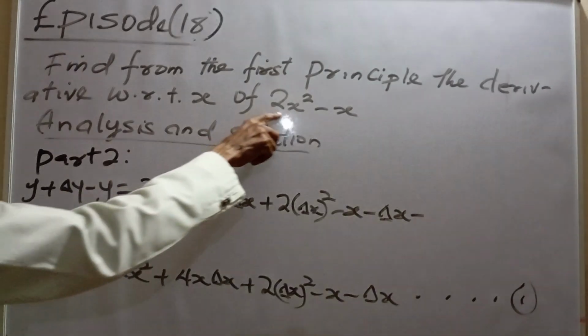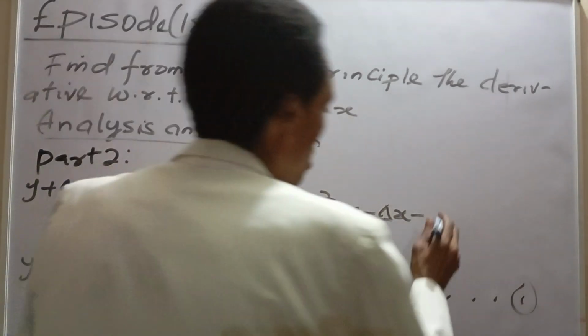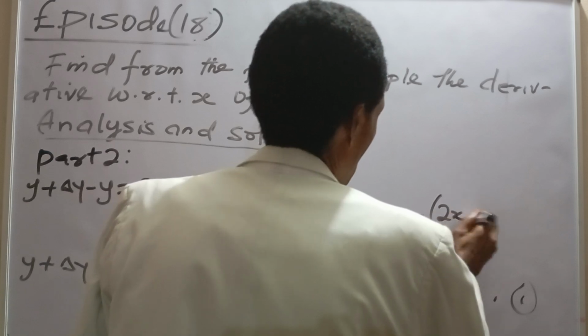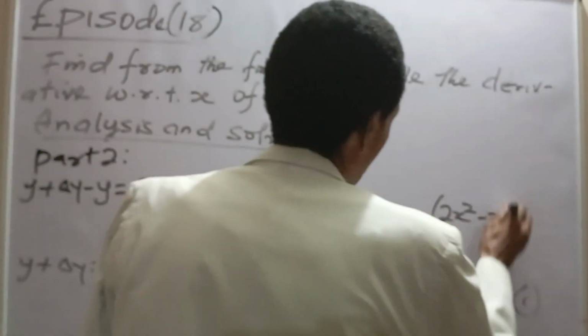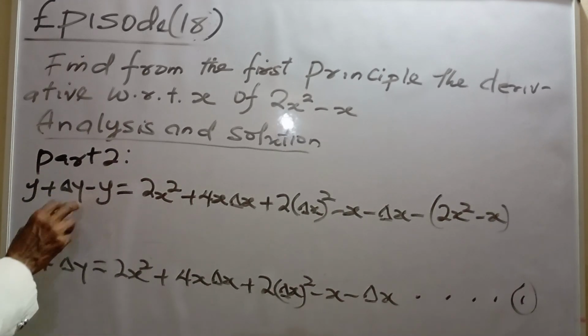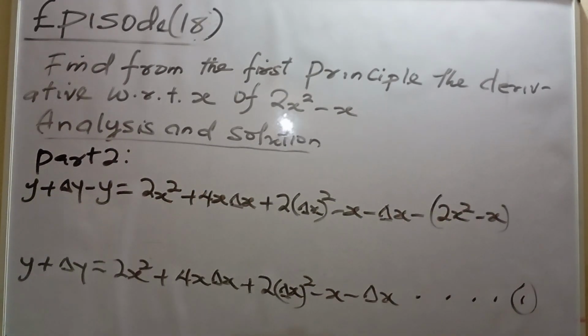Our y is this. So you now say 2s squared minus s, because that is our y from the initial, when we say let y. So here now you discover that y will subtract y. This is y minus y.